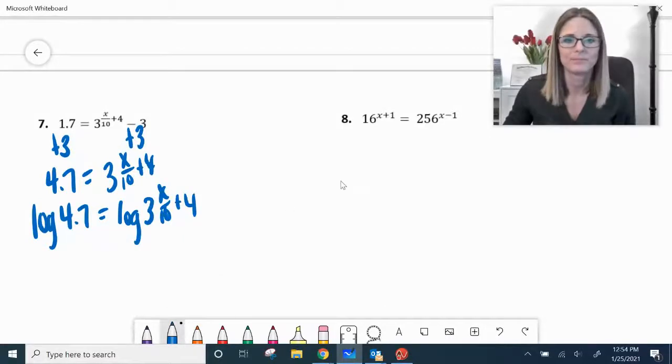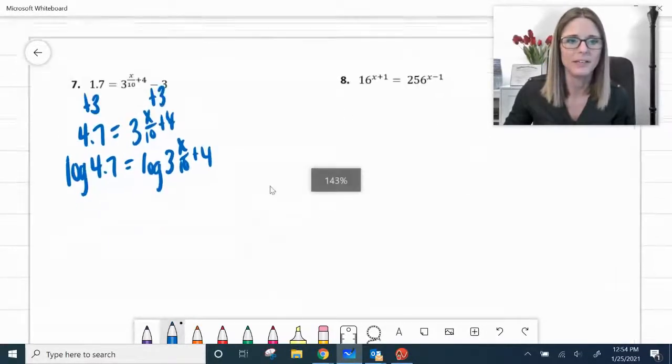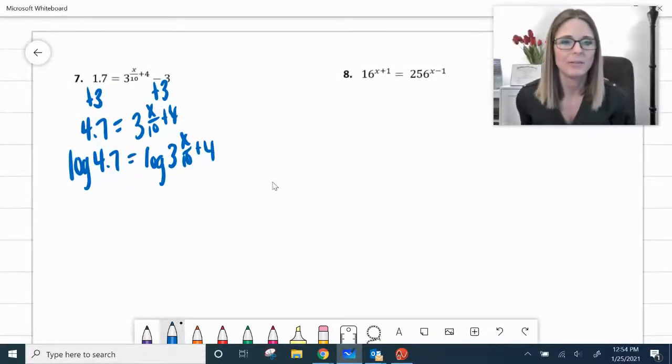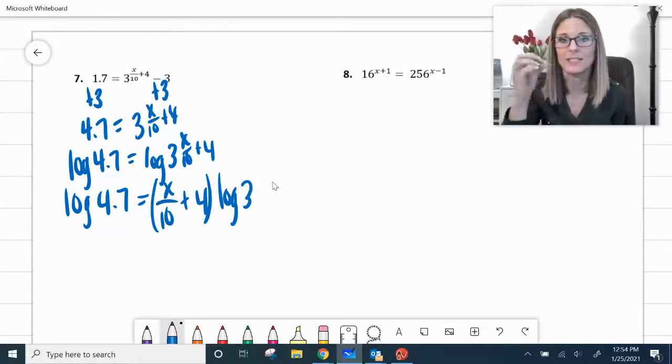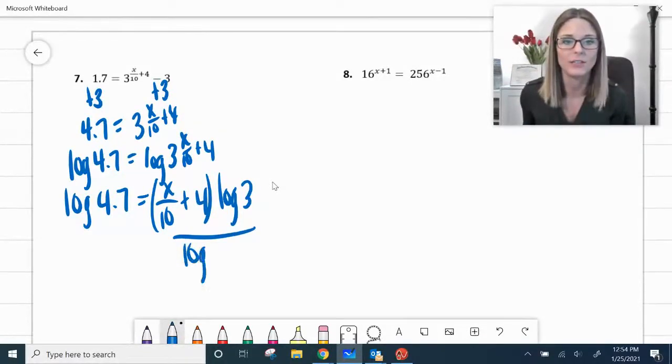Zoom out a little bit here. All right, so now I can move the exponent to the front. The x over 10 plus 4. Might even want to put parentheses around that so you can see. So I'm still working to isolate that x, and it's in my parentheses. So I'm going to get rid of that extra log of 3 with some division. Isn't it messy? It's so messy.